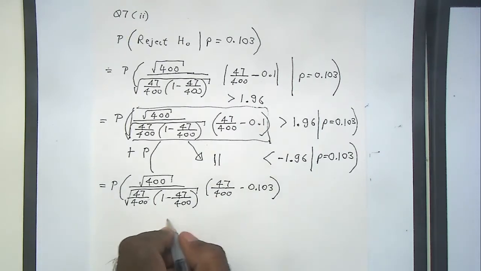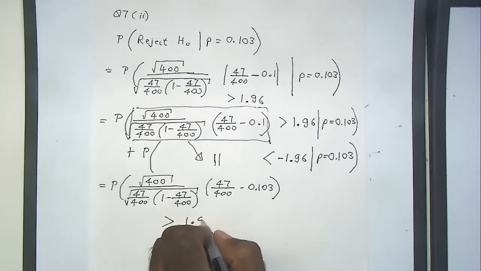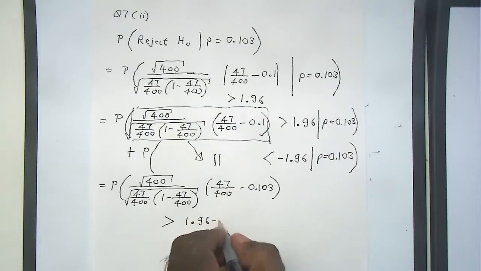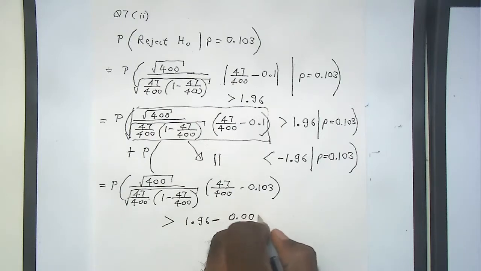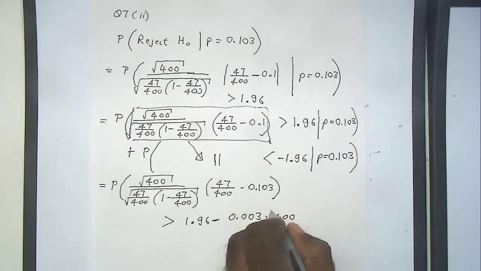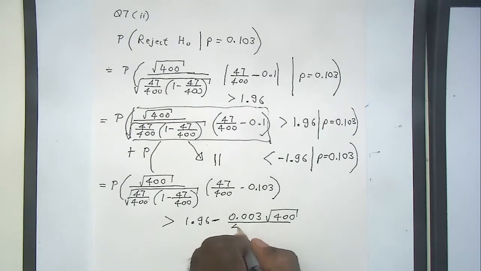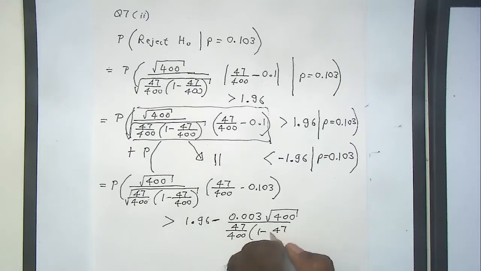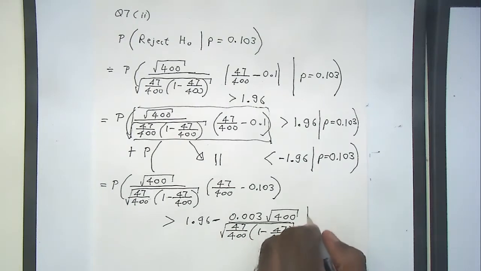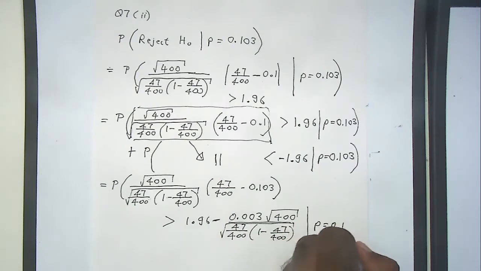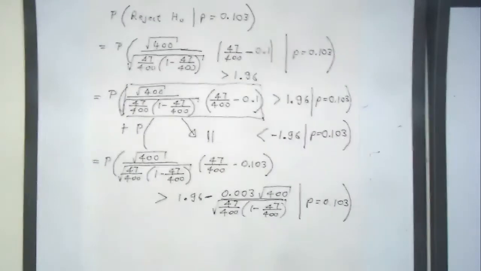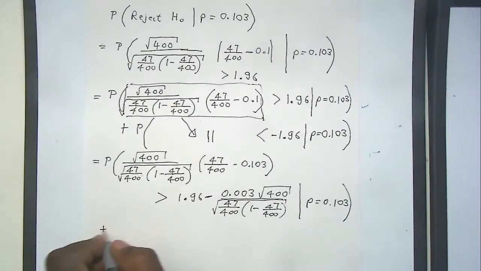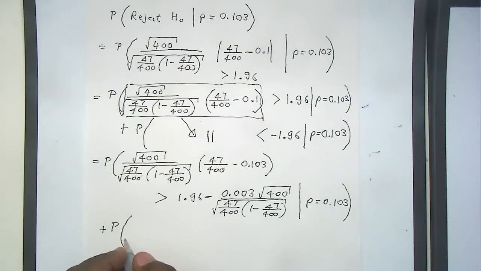So I need to do the same thing on the right hand side. 0.003 times... given P equal to 0.103, and then plus... I know it's a lot of writing, guys, but it's not really difficult.